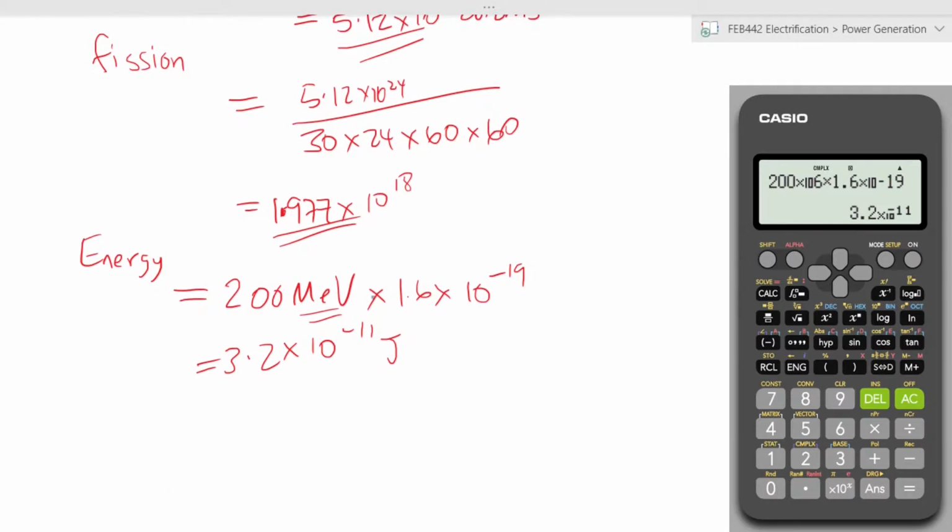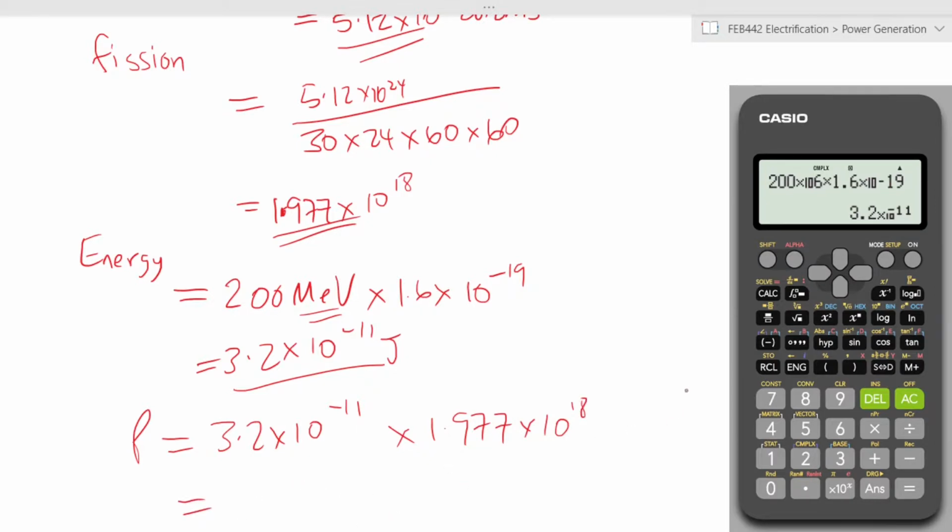So when we combine the two, the energy released per fission and the number of fissions that we have, the power is given by 3.2 times 10 to the power minus 11 times 1.977 times 10 to the power 18. The amount of power that is available is the energy per second, because power is energy per second.